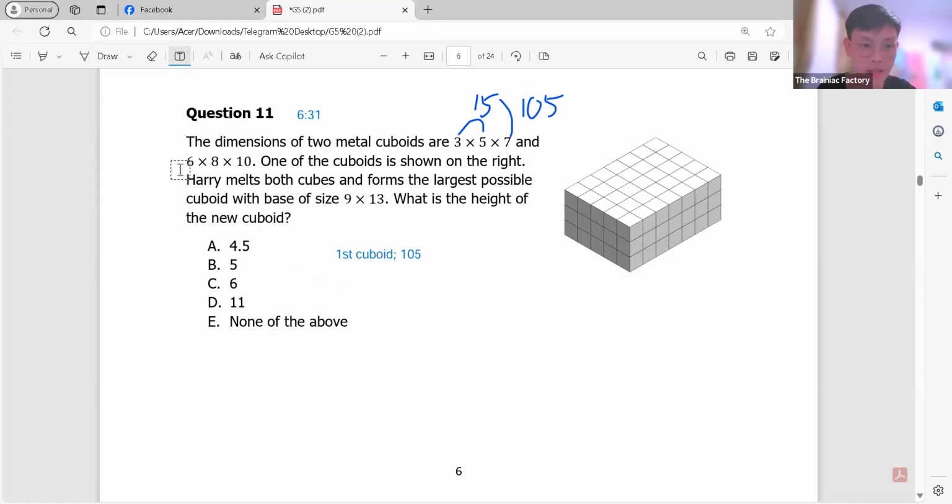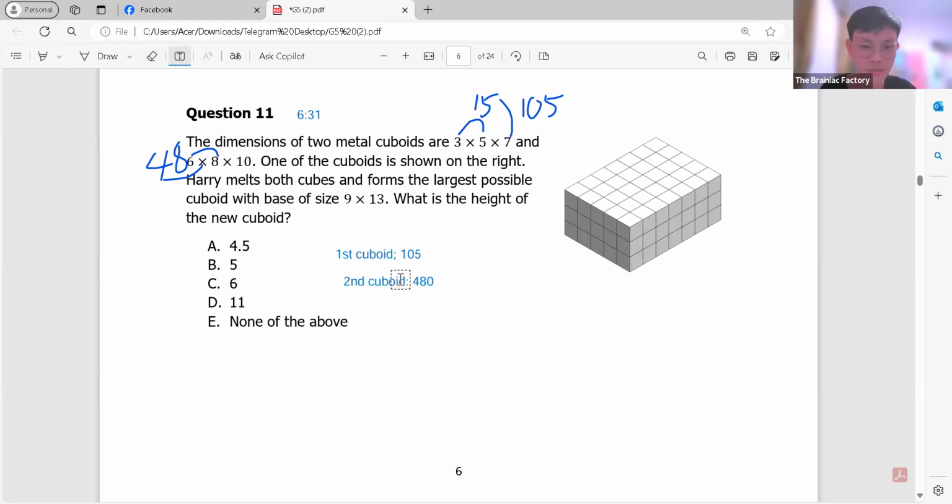And another one, 6 times 8 is giving us 48, and times 10 it's going to be 480. So the second cuboid is 480.